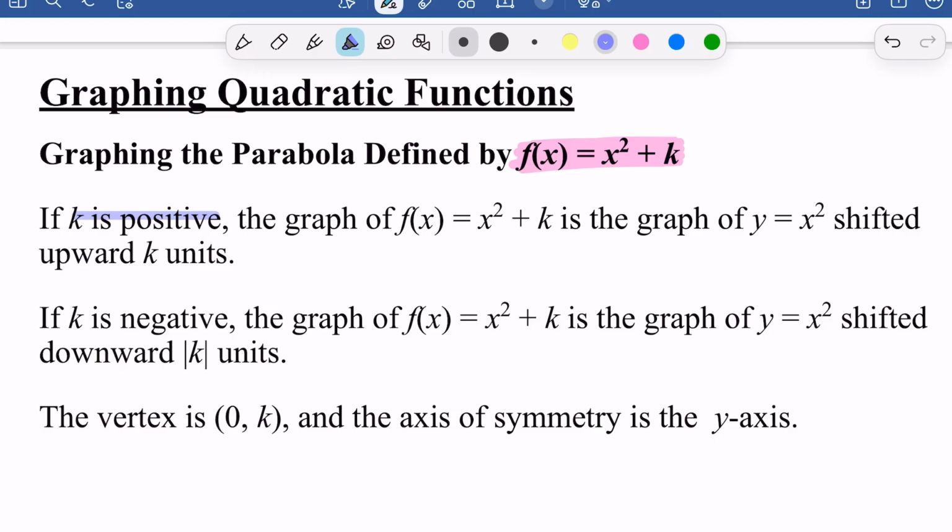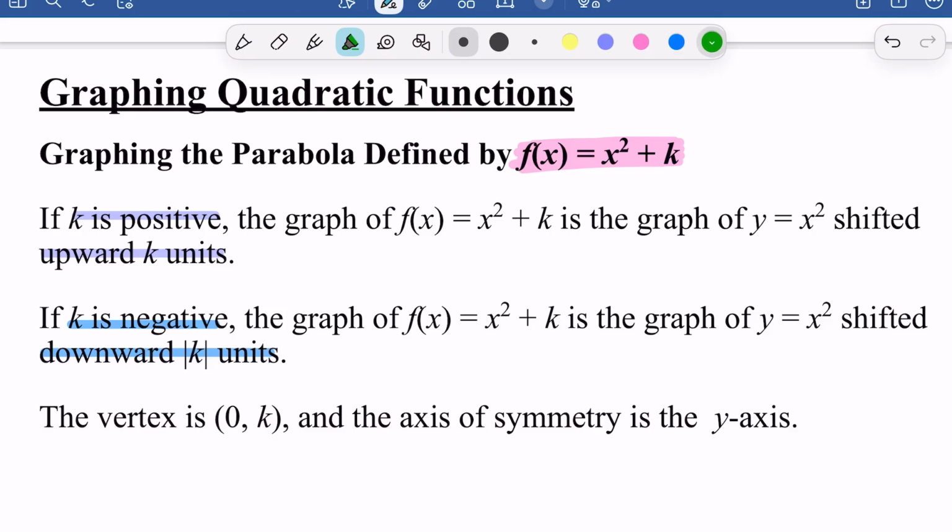We're still going to have that graph of x squared, but it's going to shift up k units. Versus if we have a k value that's negative, then that graph is going to shift down k units.